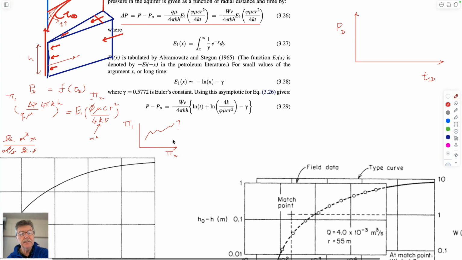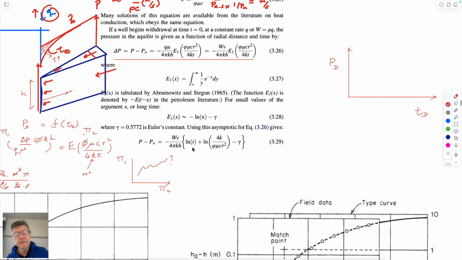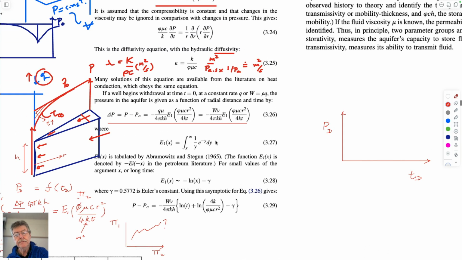You'll note that these magnitudes, time is in the denominator, pressure is in the numerator. If the plot would look like this, as we'll look at in a minute, this would be increasing time. Actually, this is 1 over time, as it turns out.